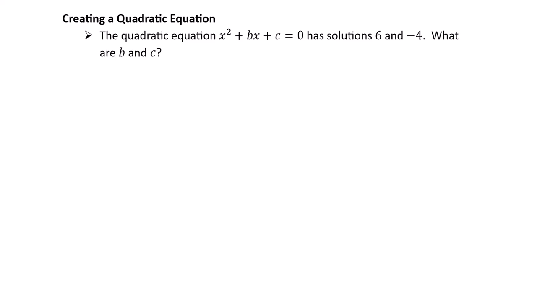Well, if we're looking at solutions of 6 and negative 4, that must mean that we had x equals 6 and x equals negative 4 at the end of solving our quadratic equation. Now that we have that, we can work backwards. This must have come from x minus 6 equals 0, and this from x plus 4 equals 0.